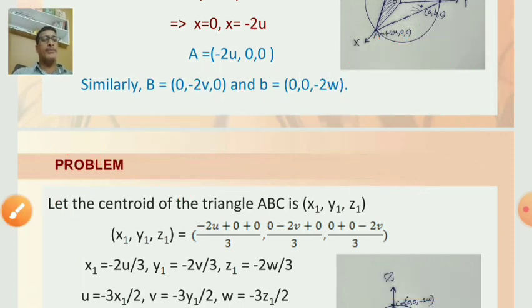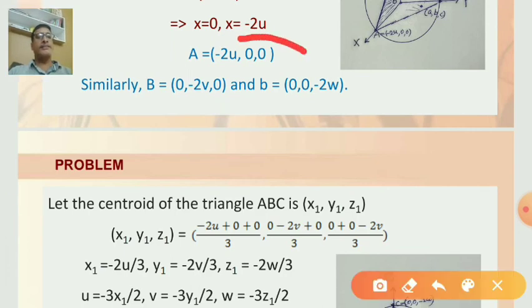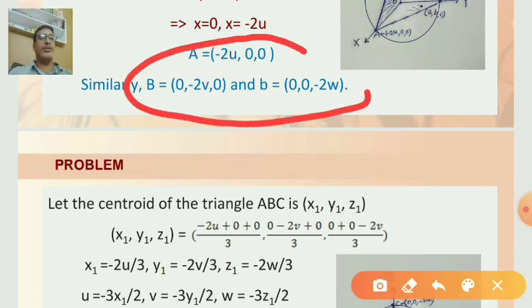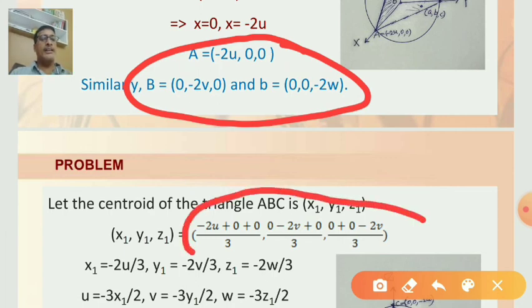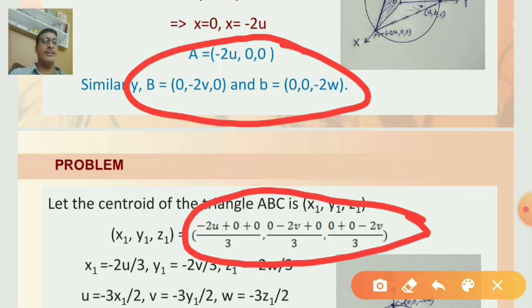By applying this principle, since A, B, C have these coordinates, the centroid of the triangle is (minus 2u plus 0 plus 0 by 3, 0 minus 2v plus 0 by 3, 0 plus 0 minus 2w by 3). But we have assumed that the centroid of the triangle ABC is (x1, y1, z1). Therefore, we can equate.